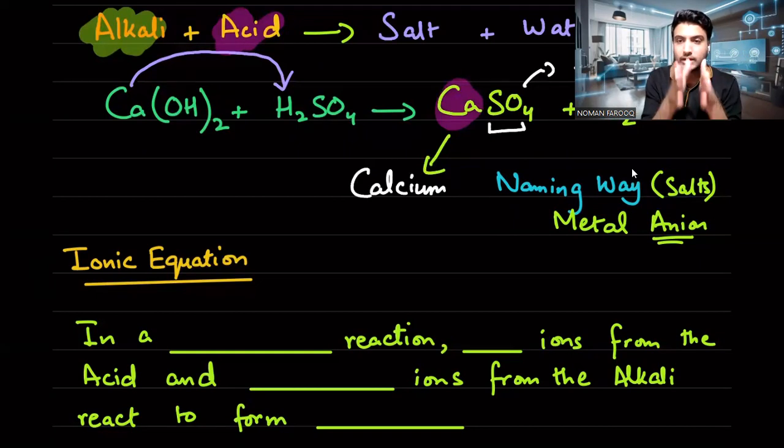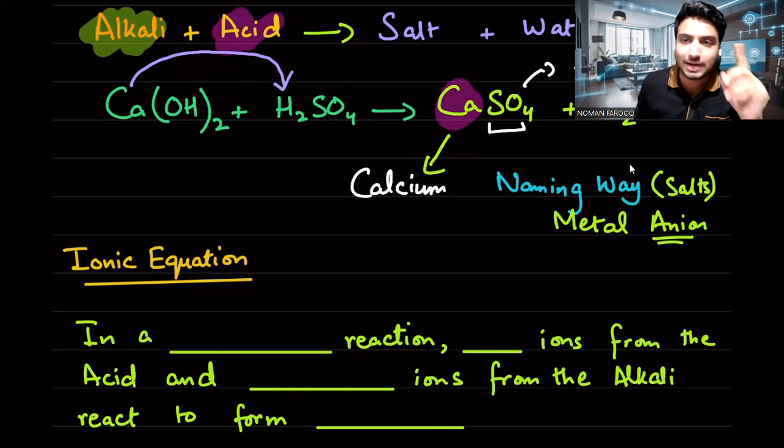So the naming way of salt is metal, then anion. Metal anion is the general way of naming any salt. For example, here it is sulfate, so that's why it is calcium sulfate. So first portion of the metal and second portion of the anion.